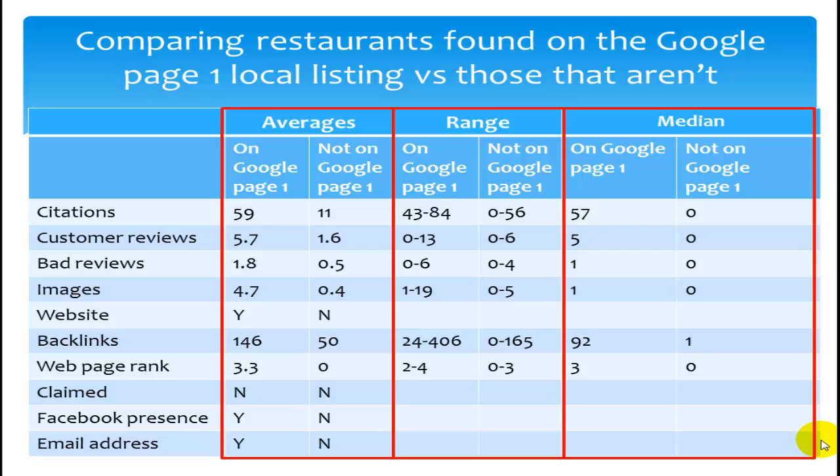Web page ranking is a ranking that Google provide to businesses that shows a general number for the strength of that website relative to others. It's on a scale of 0 to 10, 10 being the strongest.